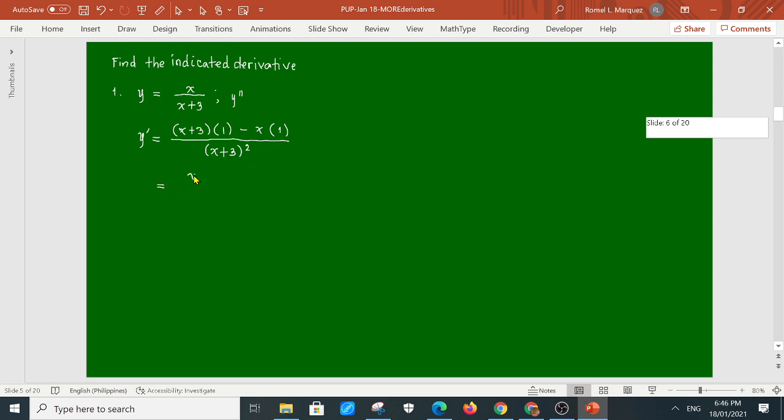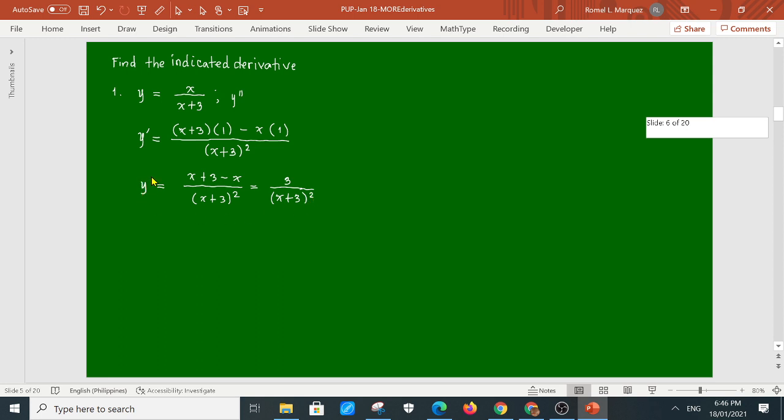So, we get x plus 3 minus x all over x plus 3 quantity squared. Simplifying this further, we get 3 over x plus 3 quantity squared.